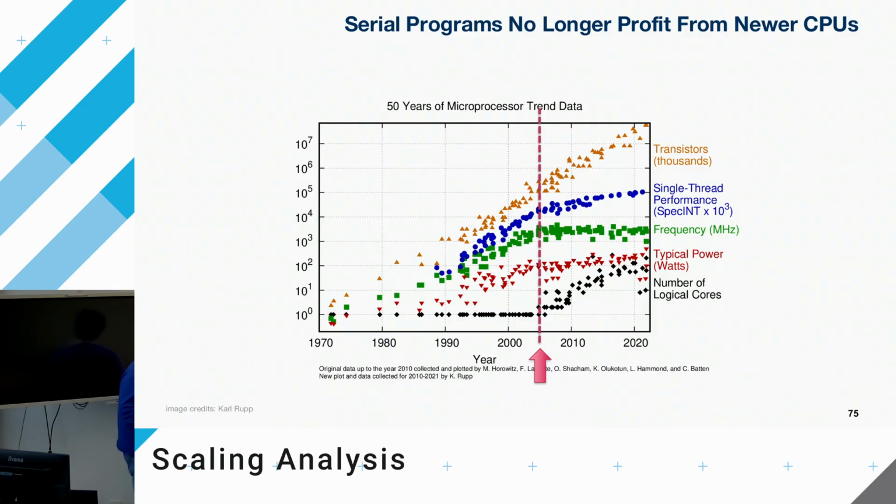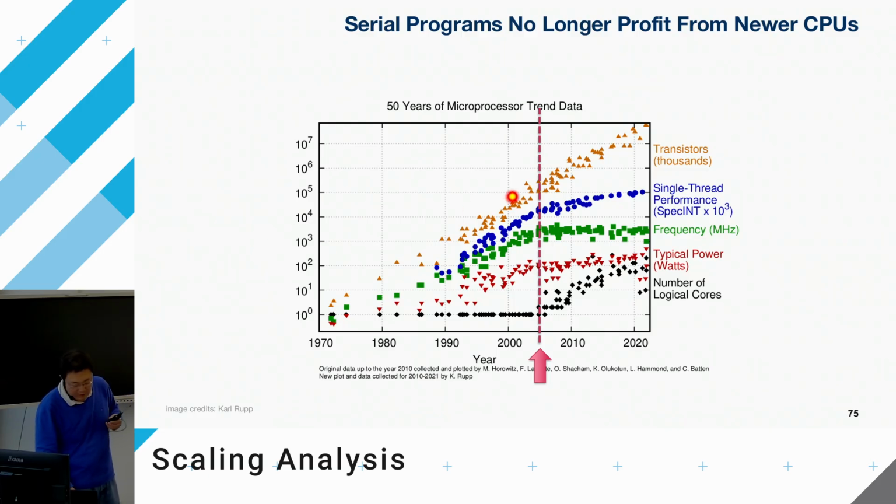The only thing that was constant, 10 to the power of 0, constant 1, was the number of CPU cores. So in the past several decades, we got increased performance for free, let's say.